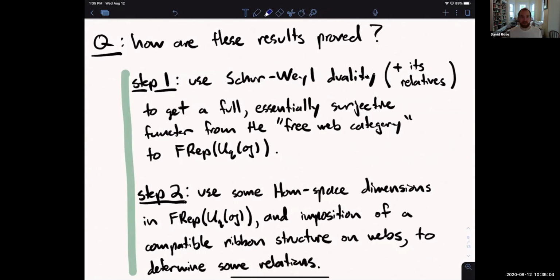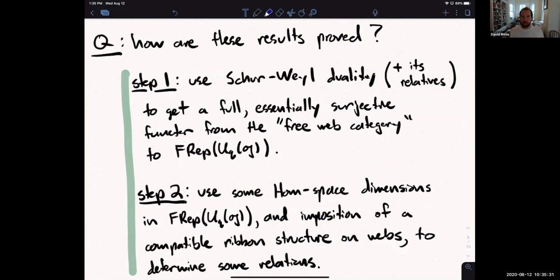So step 1 is you use some sort of representation theoretic duality to essentially show that you have a full, essentially surjective functor. That says that you surject onto the objects that you want, and you surject onto morphisms from what you call a free web category, the thing with the generators before I impose any relations.